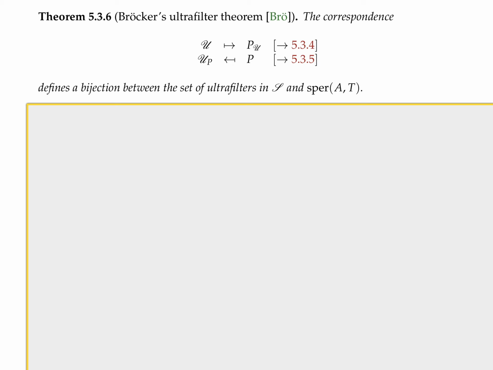Many ultrafilters are not easy to write down or cannot be written down explicitly, maybe. Okay, so maybe let's illustrate this. So now for n equal 1 and R equal k equal R, we know exactly what is the real spectrum of this polynomial ring in one variable over the reals.